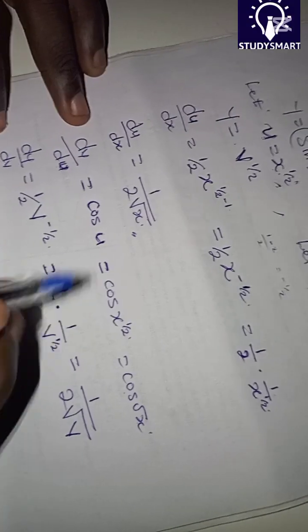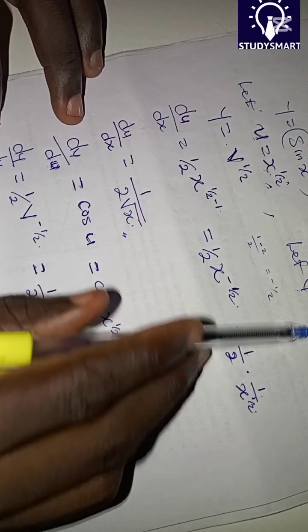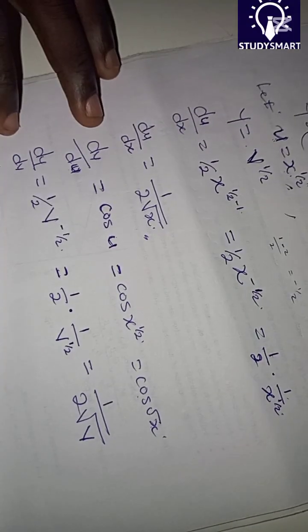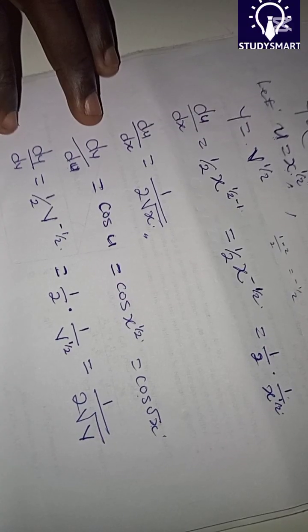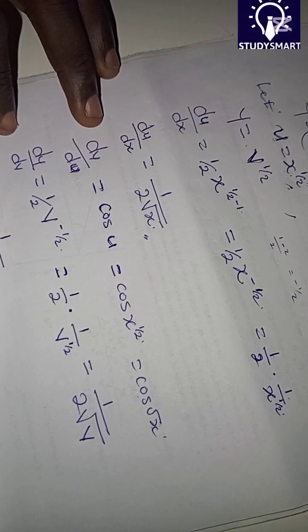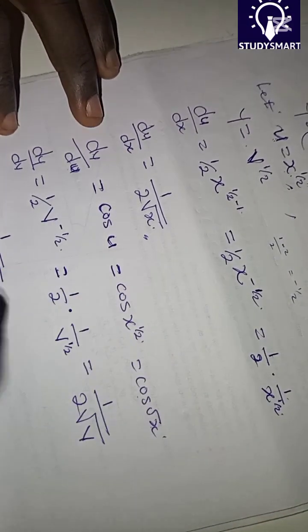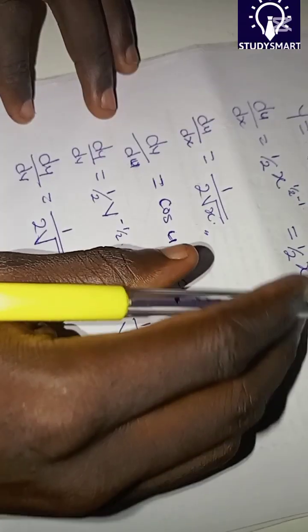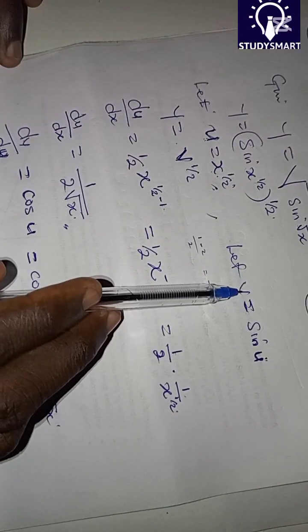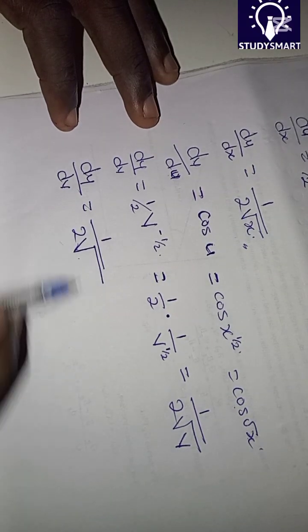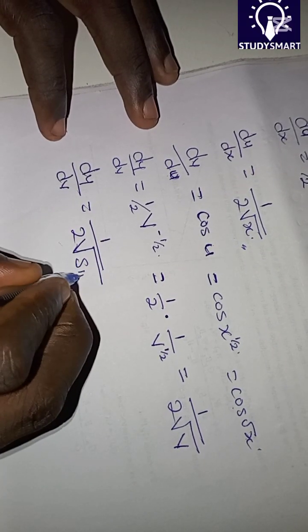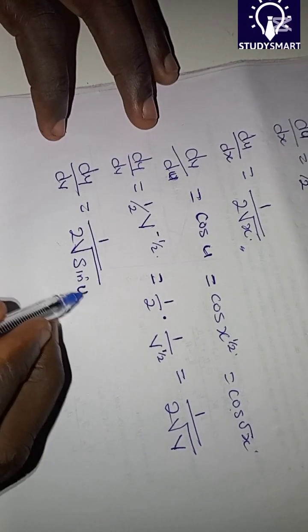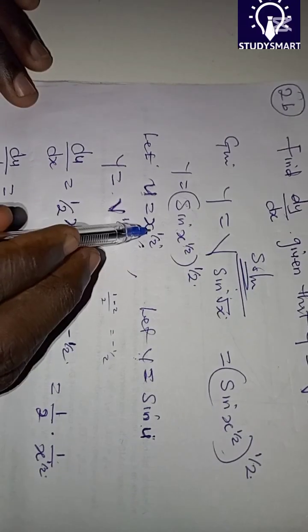And what's our v? We know our v to be this. So my dy/dv will be equal to 1 over 2 root, right? So this is sine u. That's our v. Our v is sine u from here. So we'll substitute it here. We'll have sine u, and we already know our u to be this.